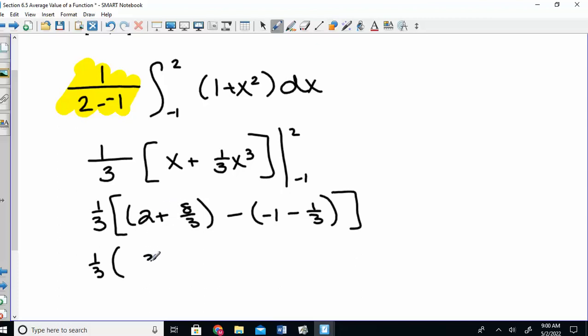So if we distribute, we get 3 plus 9/3. 9/3 is 3, plus 3 is 6. Times 1/3 is 2. So the average value is 2. Is that okay? Yes, ma'am.